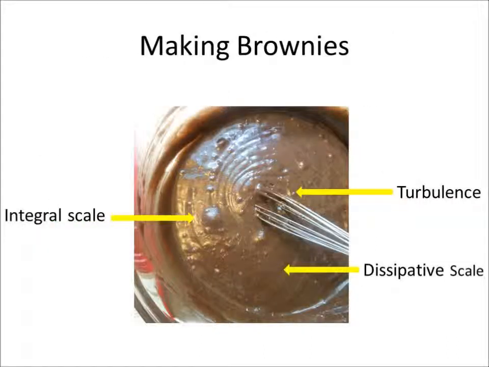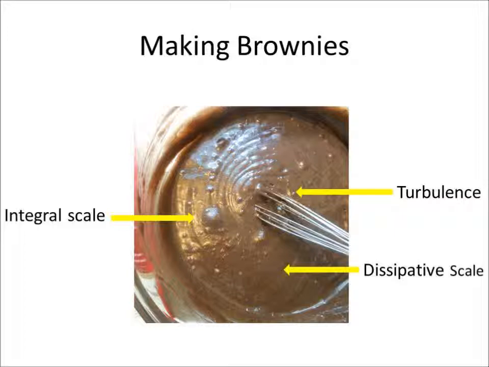This process is very similar to making brownies. First, we start from large blobs of brownie mix. Using the whisk, we add turbulence or energy to the system. The more turbulence we add, the smaller the eddies become. Eventually, the mix becomes homogeneous, or very close to that.